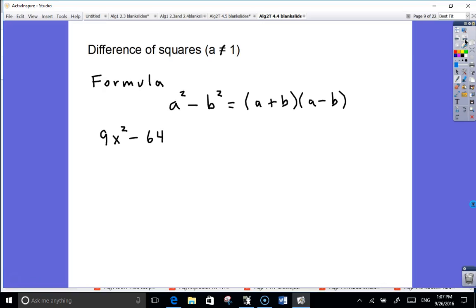So I could write this as a difference of squares if I would just rewrite it like this, right? Parentheses, 3x squared minus 8 squared. Okay, now it is a difference of squares. Okay, and how would that factor? 3x plus 8, 3x minus 8.